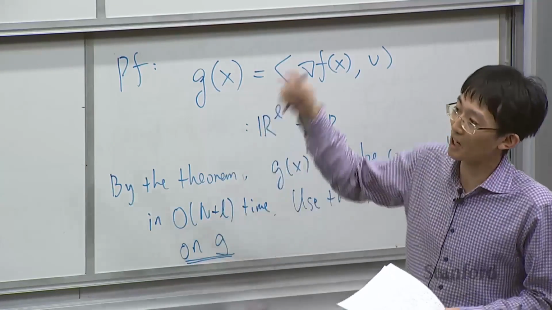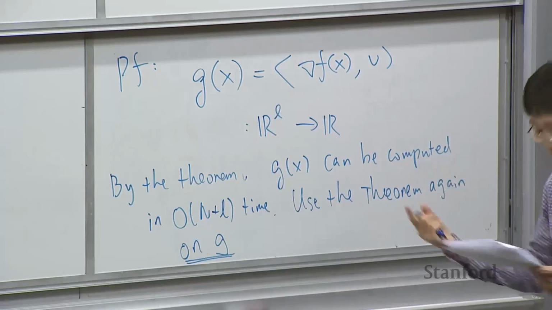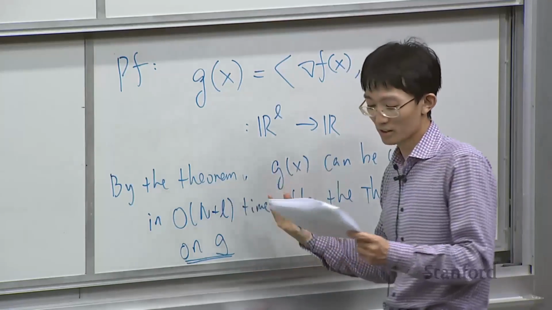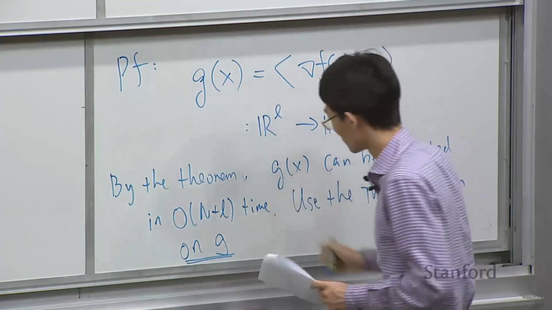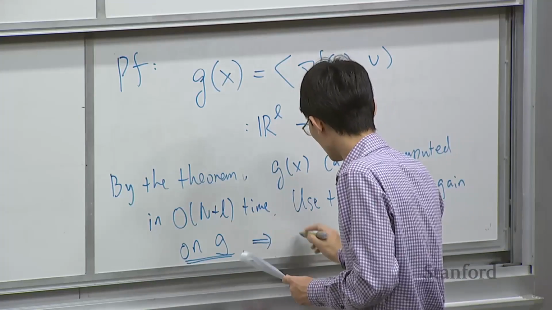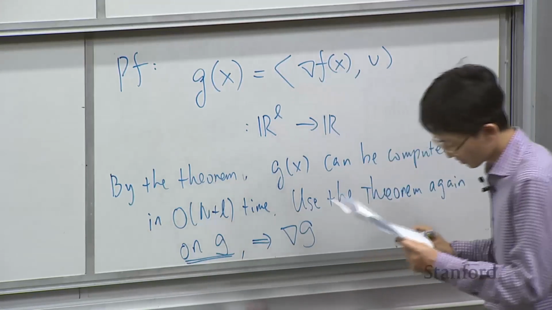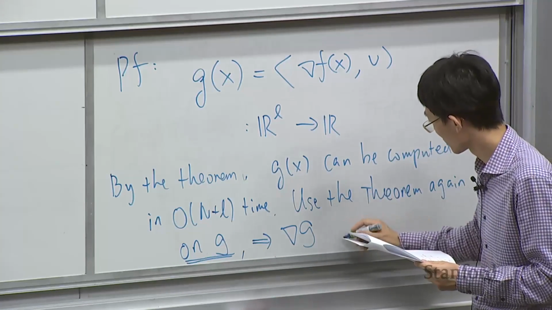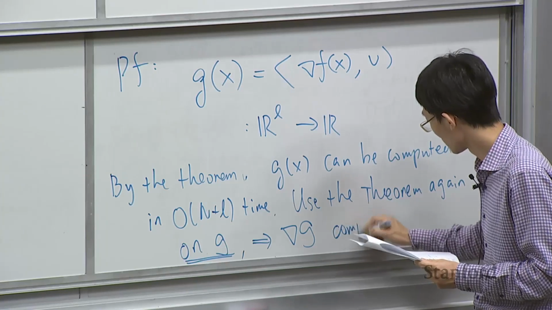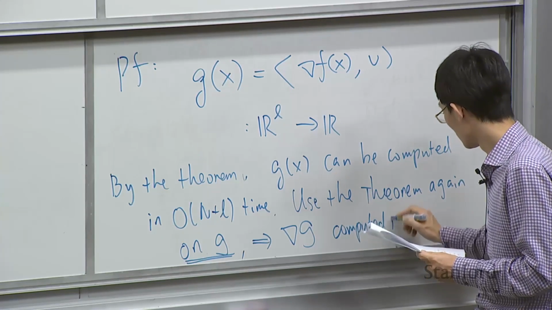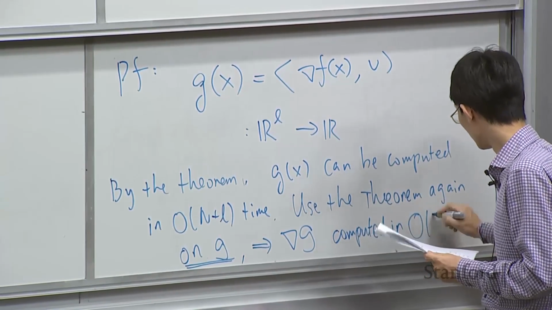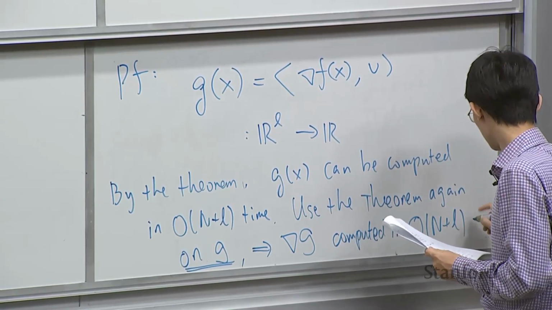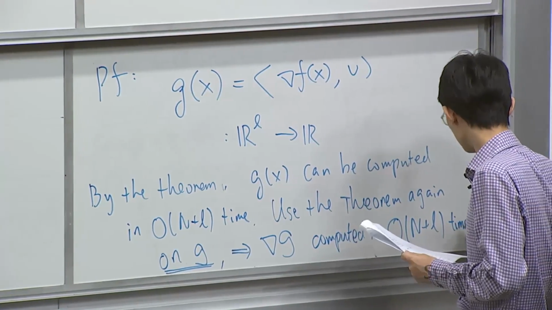And that means nabla G can also be computed in O of n plus L time, because you can do this twice.